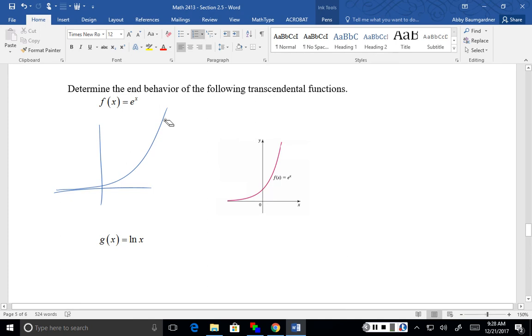So if we're describing the end behavior, we would say at the far left of the graph, right, so over here, the graph appears to be approaching 0. So look, x is approaching negative infinity, and it gives us a number for the answer.